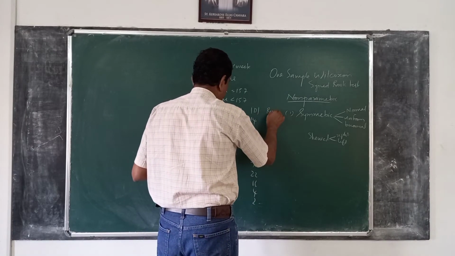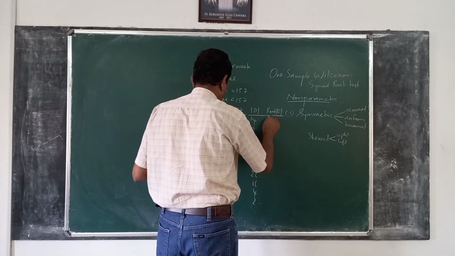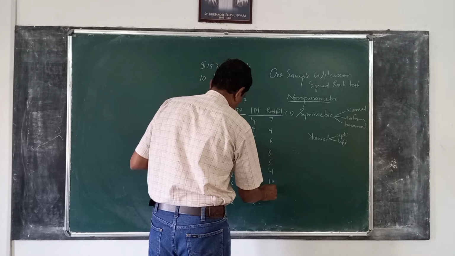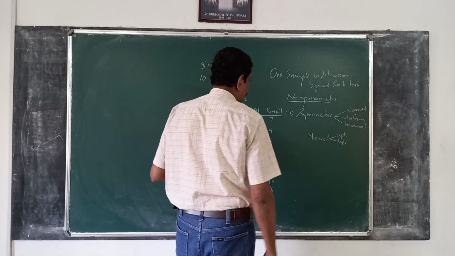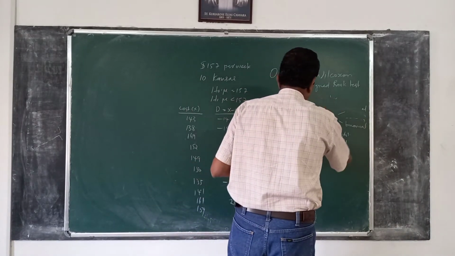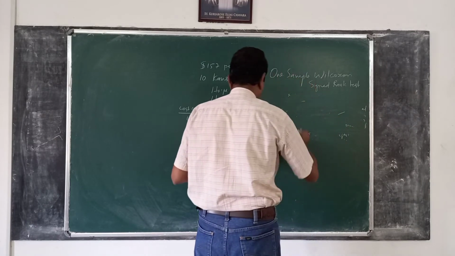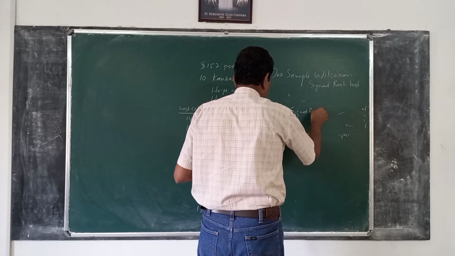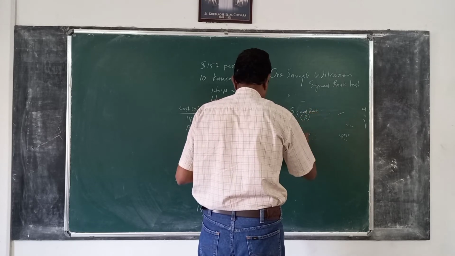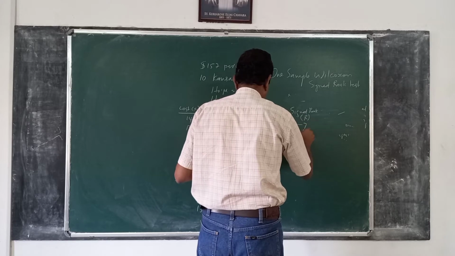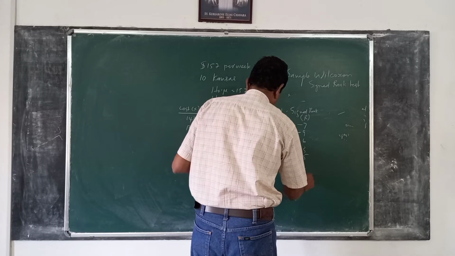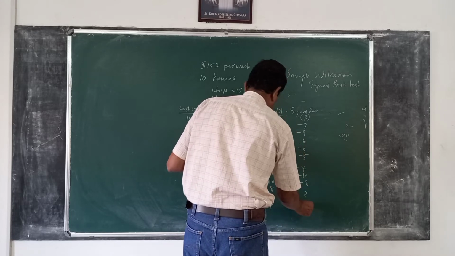Then the rank of the absolute values is 7, 9, 6, 3, 5, 4, 10, 8, 2, 1. Then the signed rank, denote it as R, is minus 7, minus 9, 6, minus 3, minus 5, minus 4, minus 10, minus 8, 2, 1.